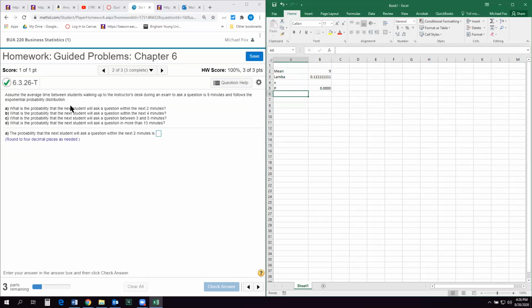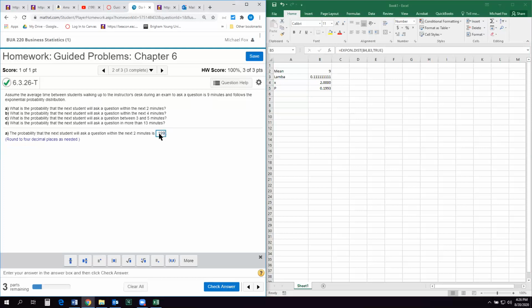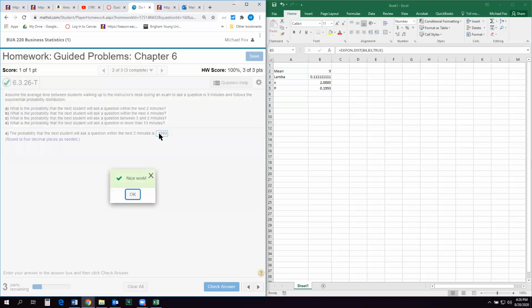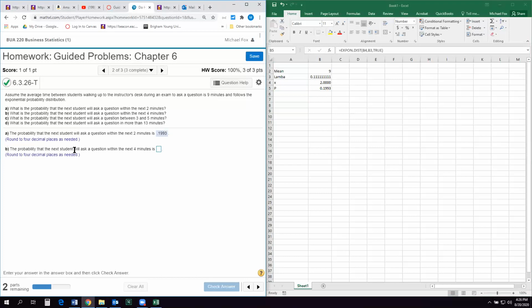So what's the probability that the student will ask a question within the next 2 minutes? At 2, that's 0.1993. What's the probability a student will ask a question in the next 4 minutes? 0.3588.